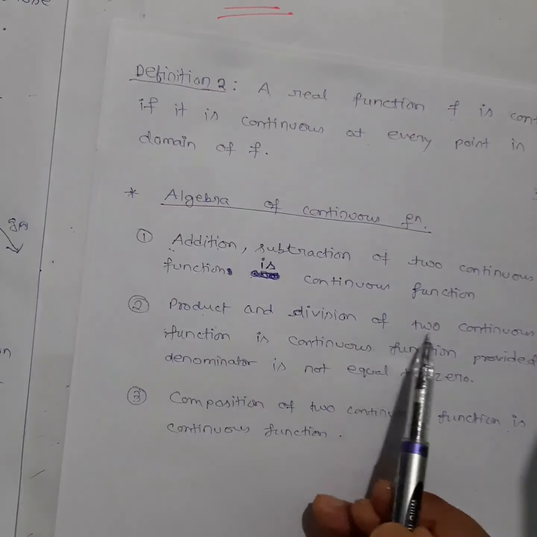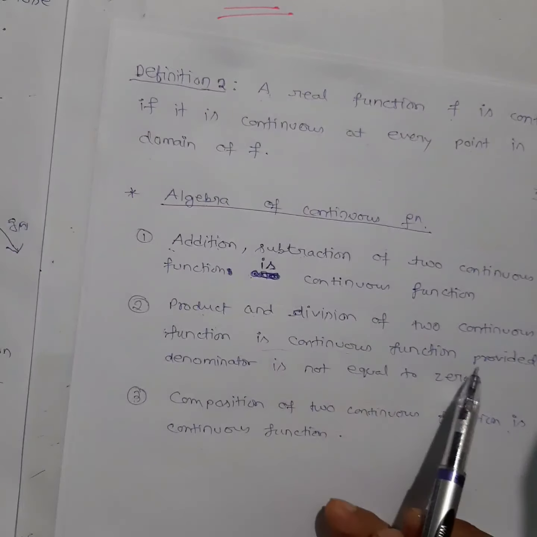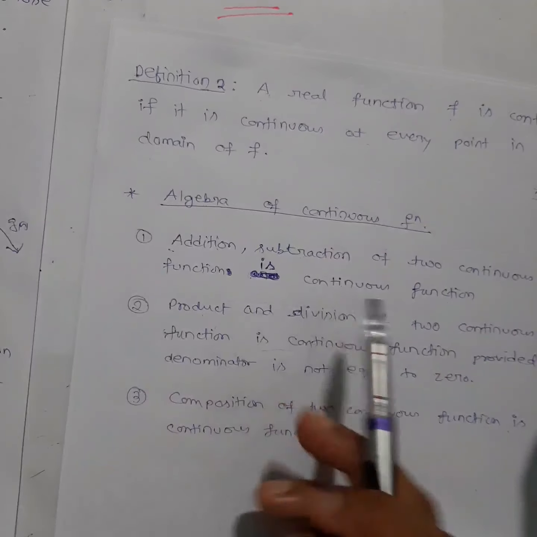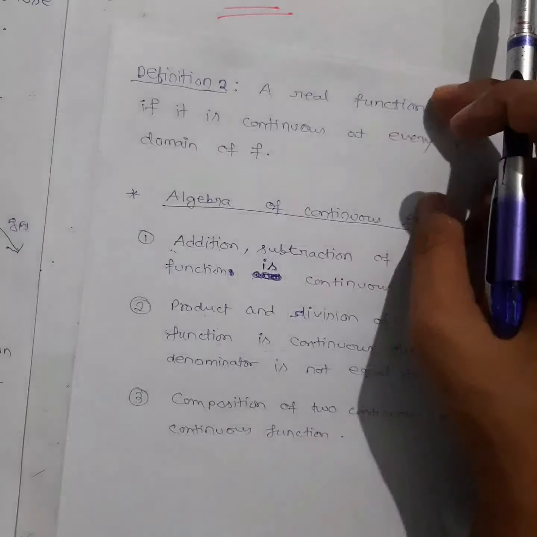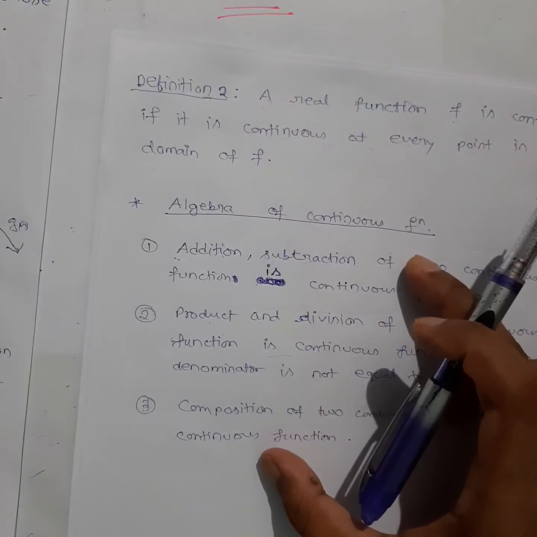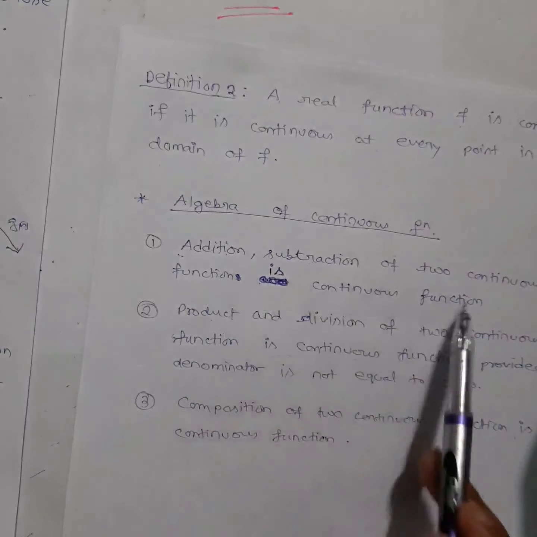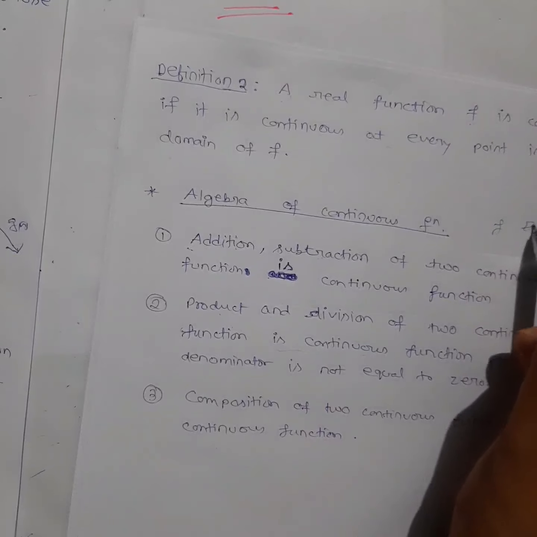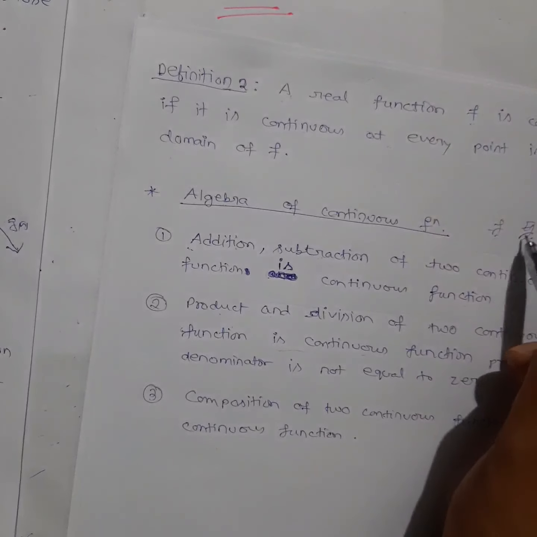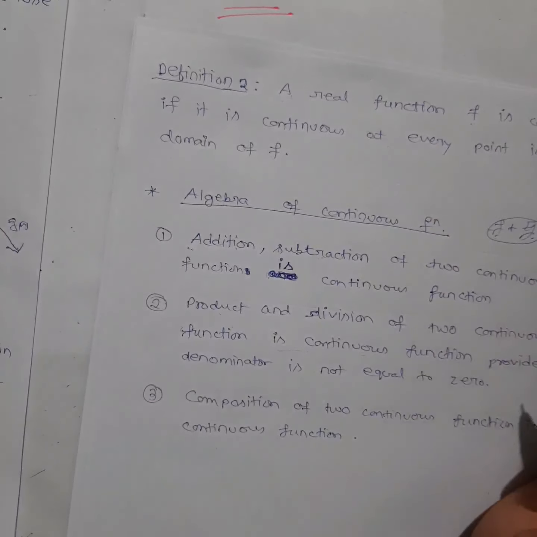Product and division of two continuous functions is a continuous function. You don't have to go deep into this. First try to understand continuous functions properly, then you can derive this yourself later. So first just remember this. If your two functions f and g are continuous, then if you add or subtract, that will also be continuous.